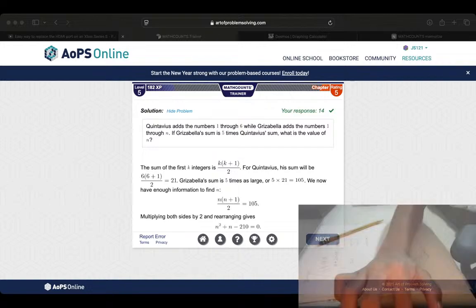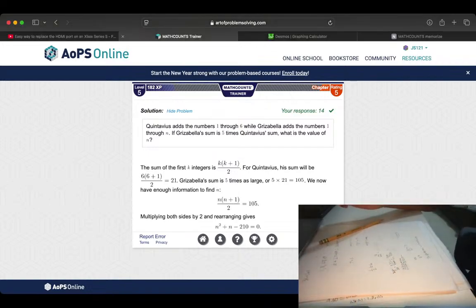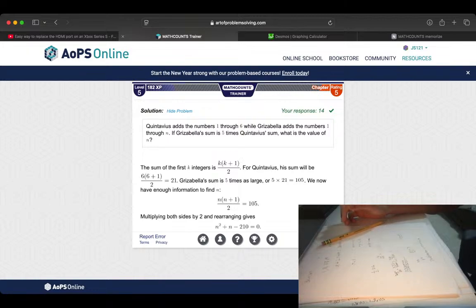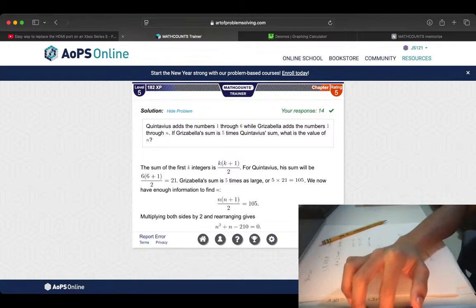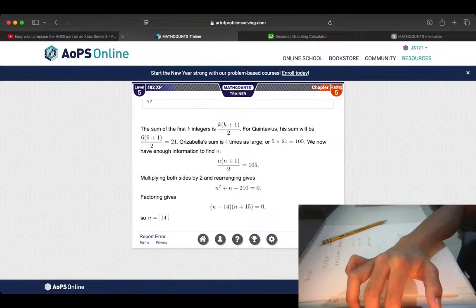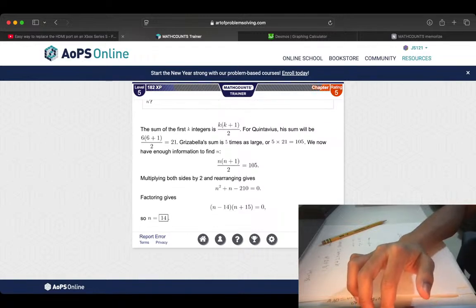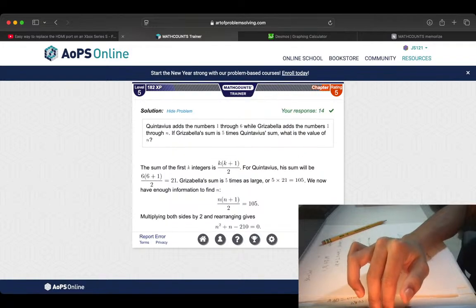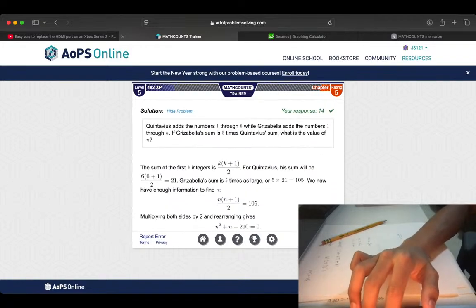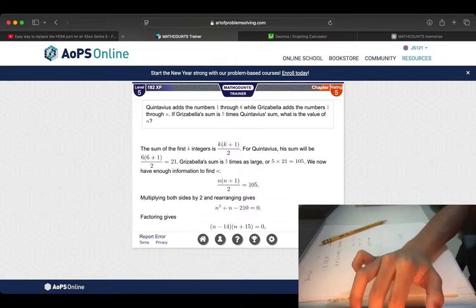I don't really know how this works, so I'm just gonna try and get my brain to think about it here. Okay, so 6, 11 integers. Bruh, it's a quadratic? It turns into a quadratic. Alright, never mind.